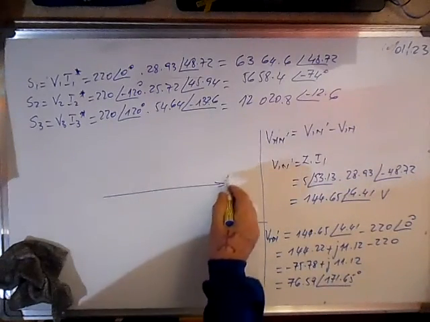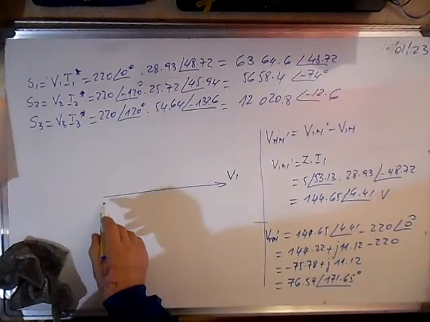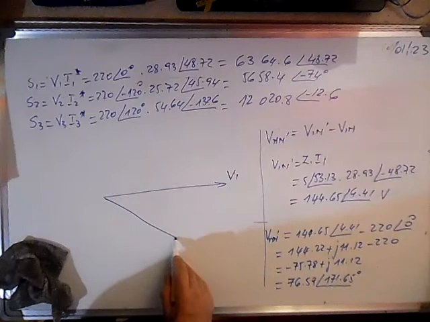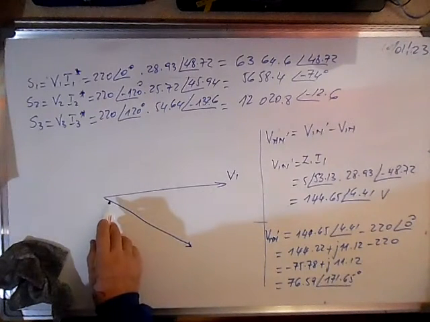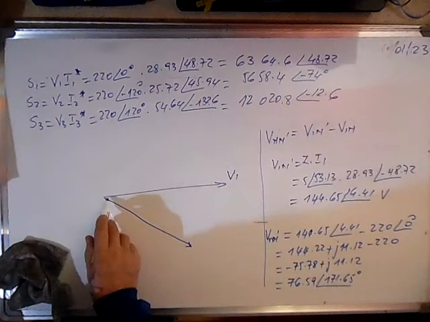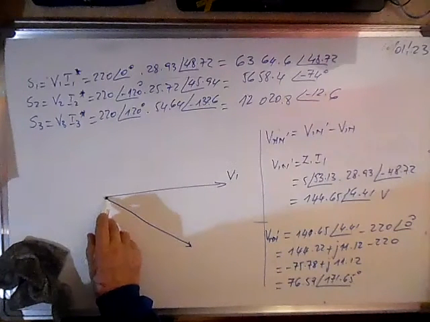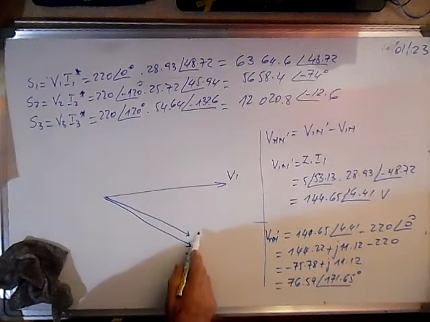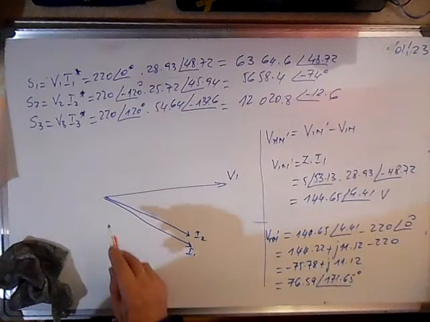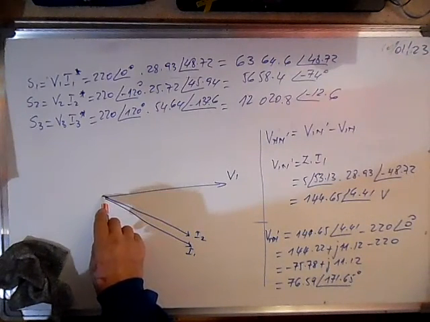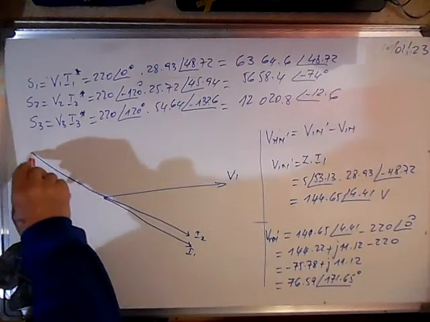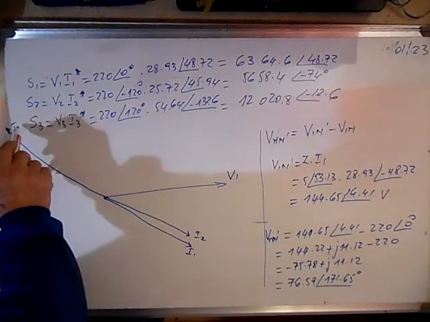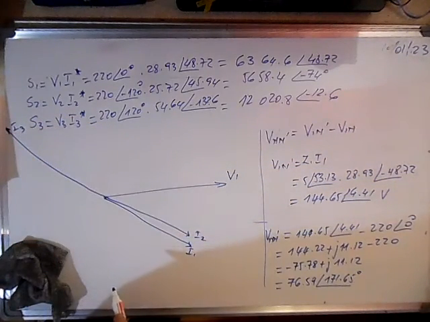And if we have to draw the vector diagram, I will try to draw it. If we draw V1 like this, I1 is at minus 48, about this much, I2 is a little bit less, minus 45. This is I1, I2, and I3 is at 132 and 54, about this much. This is I3 and IN.